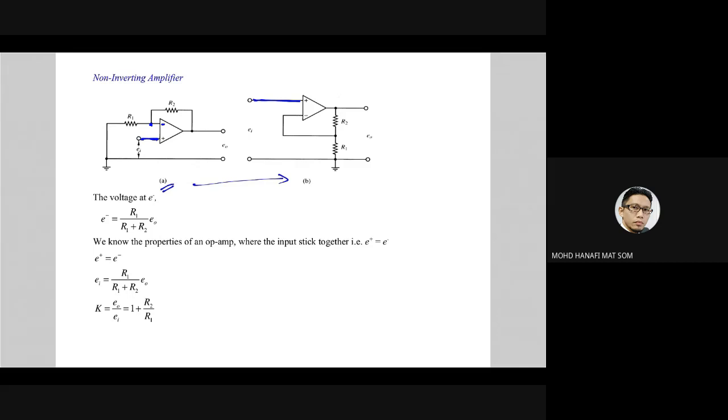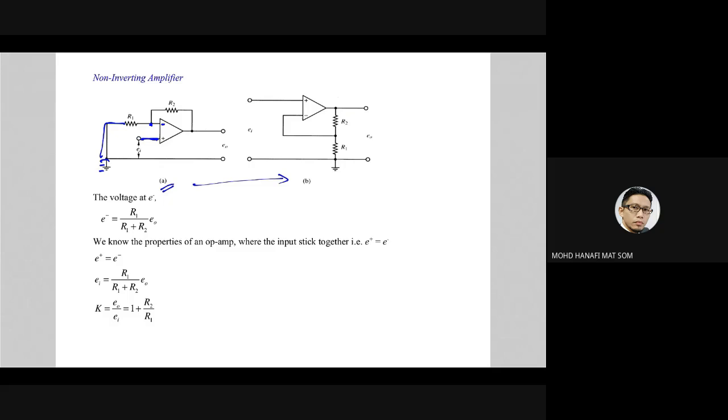R1 is connected to the ground, and R2 is connected to the output. So this is how we transform the circuit to this better representation for analysis.